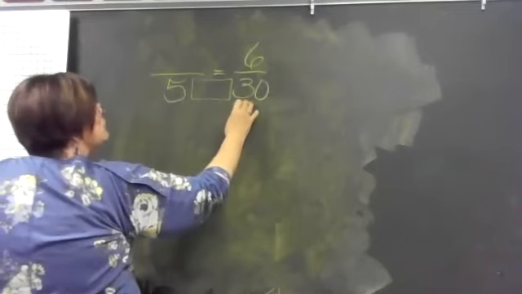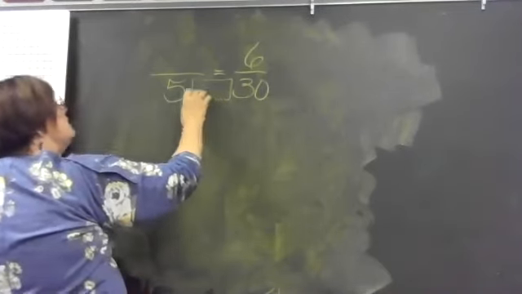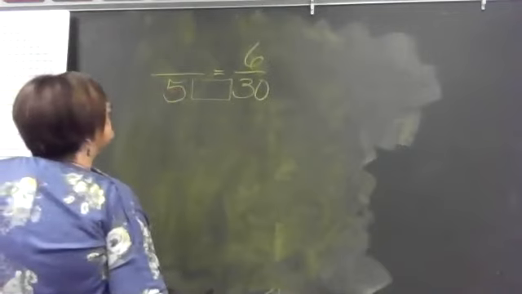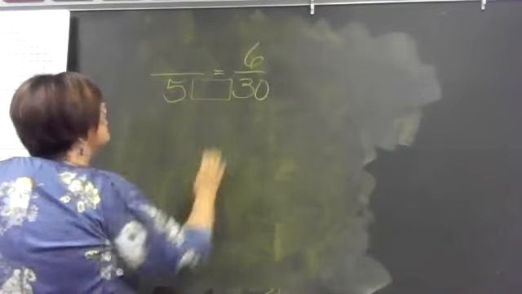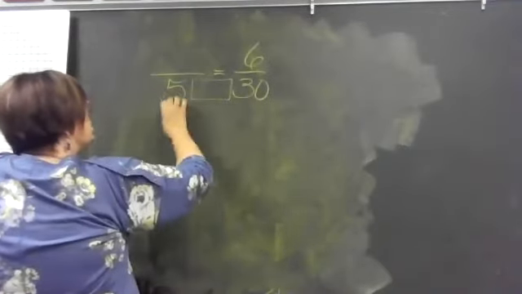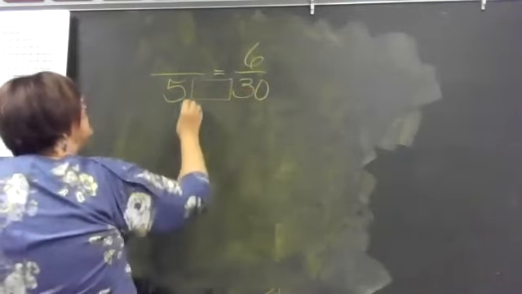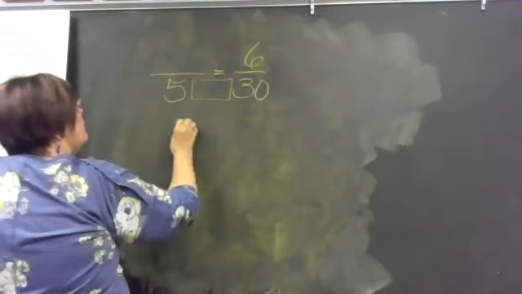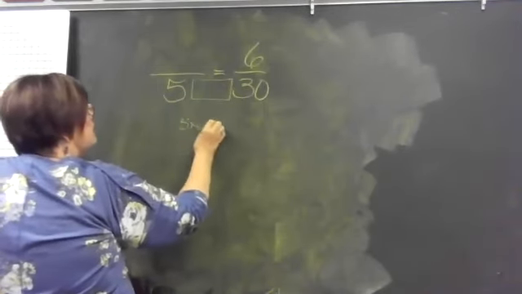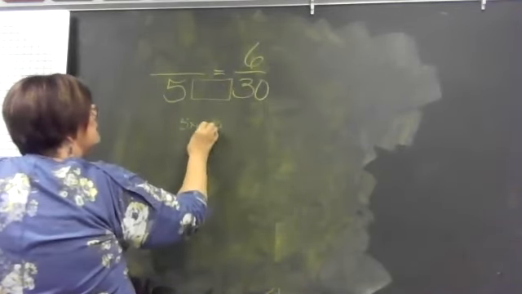Could it also be that we took this one and divided by 6 to get here? 30, if 6 is what's different between here, if I went from 5 times 6, I got 30, right? Yes.